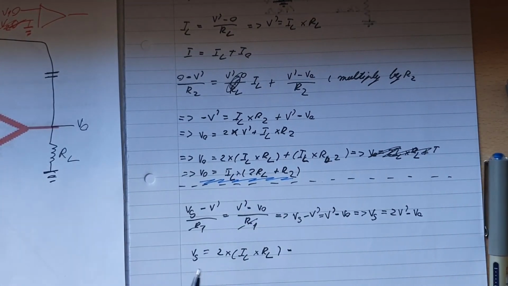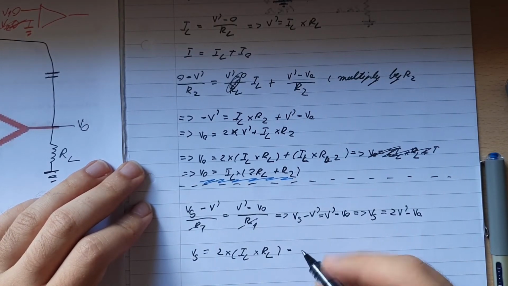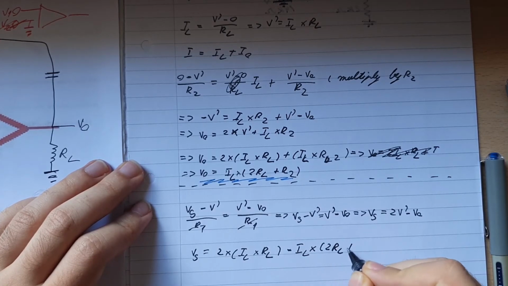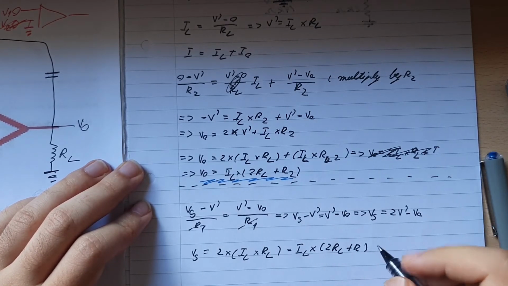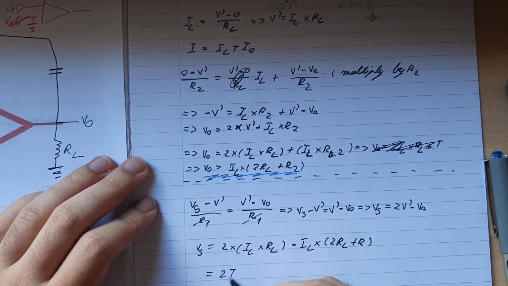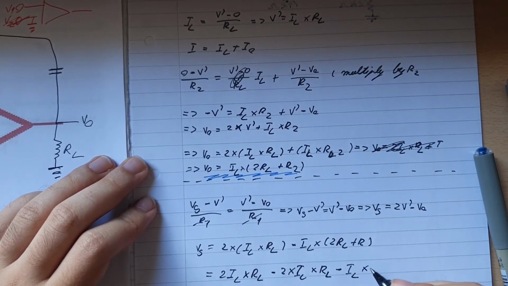So Vs minus IL times 2RL plus R2 will be equal to 2IL times RL minus 2 times IL times RL minus IL times R2.